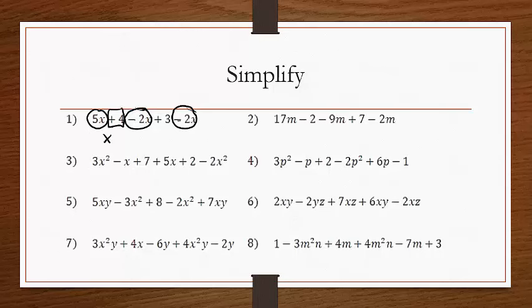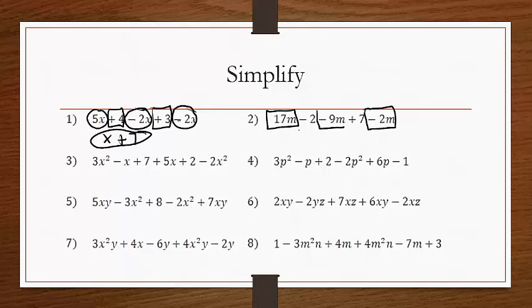Then I have 4 whole numbers and 3 more. So those are like terms because they both have no letters. And 4 and 3 will make 7. So that really just became x plus 7. Let's go over here to number 2. 17 minus 9 is 8.